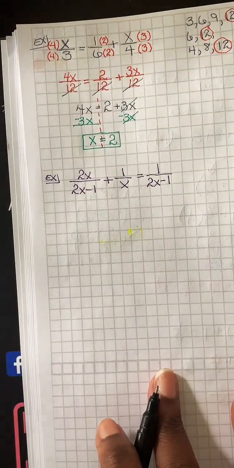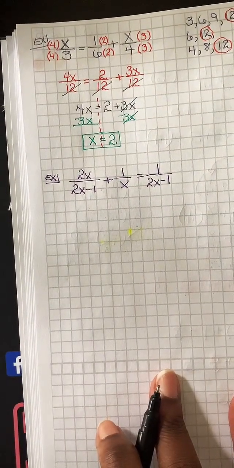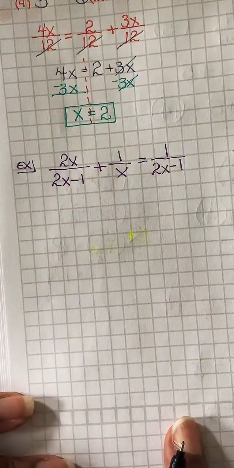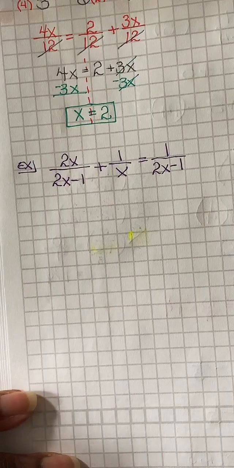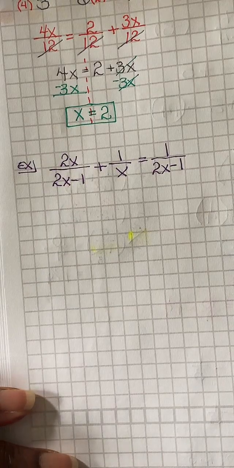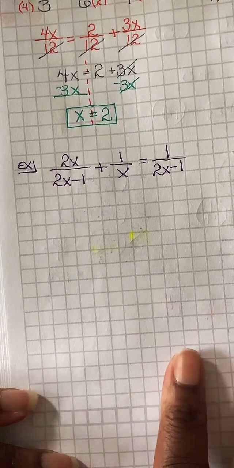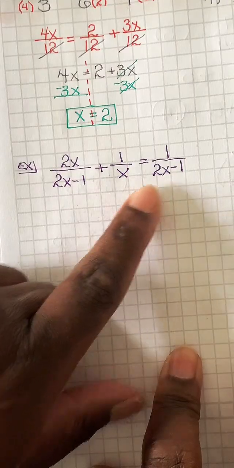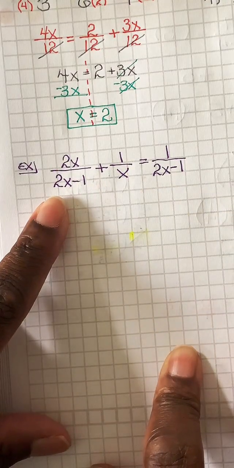Now, I'm going to walk you through this step by step. If you want to jump ahead and go crazy, go ahead. But I'm going to break it down step by step. Now, we don't have whole numbers this time, so we can't do the multiplication.